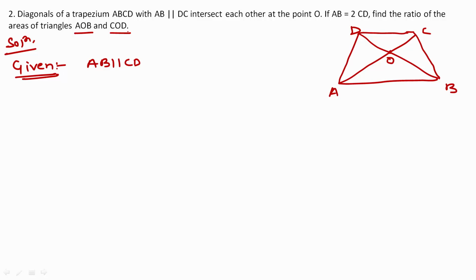So since AB is parallel to CD, this angle will be equal to this angle, and this angle will be equal to this angle, and the reason is AB is parallel to CD. Therefore angle CAB is equal to angle ACD.